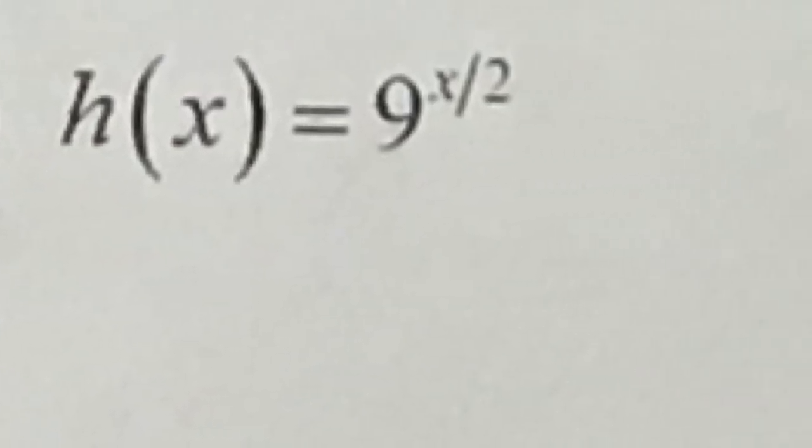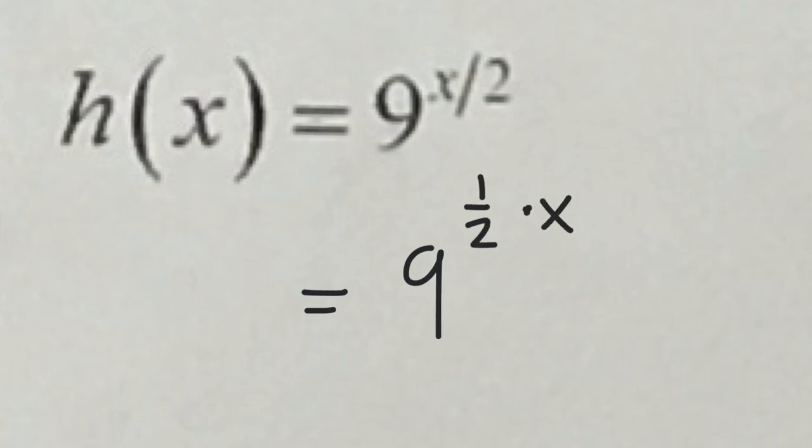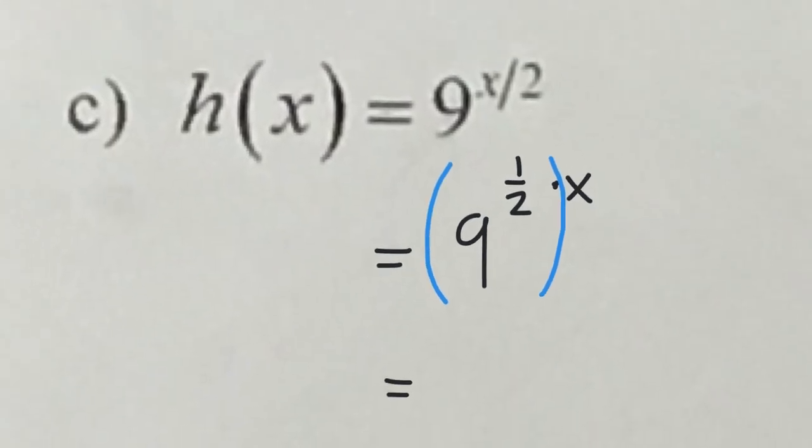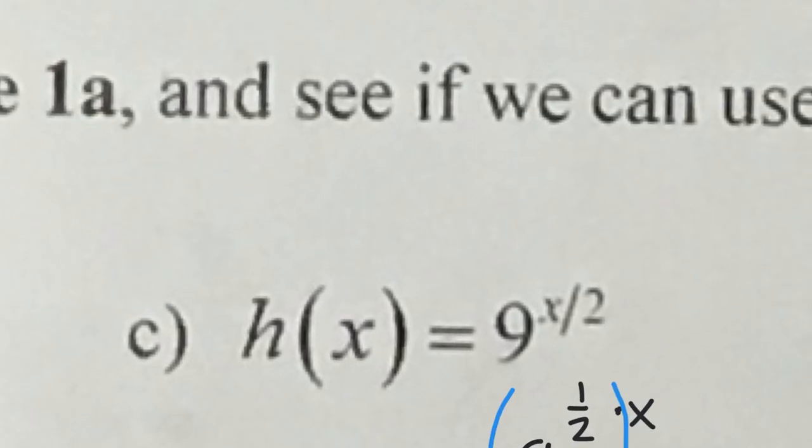Okay, 9 to the x over 2. So remember, x over 2 is the same thing as 9 to the 1/2 times x. Right? X divided by 2 is the same thing as 9 to the 1/2. Okay? So what we do is we put parentheses around these guys and we evaluate. What is 9 to the 1/2 power? So I hope you know that if you have something raised to the 1/2 power, that's the same as what root?